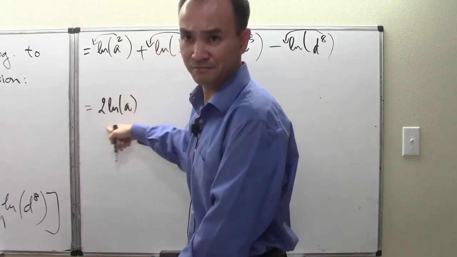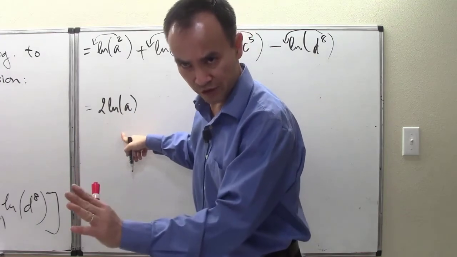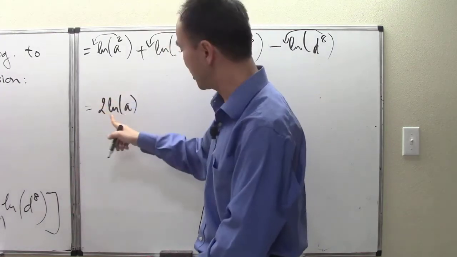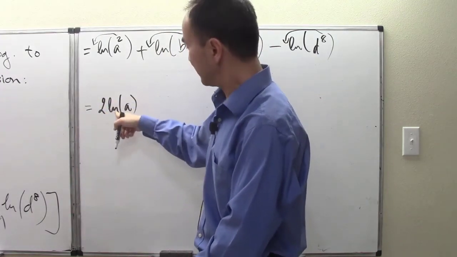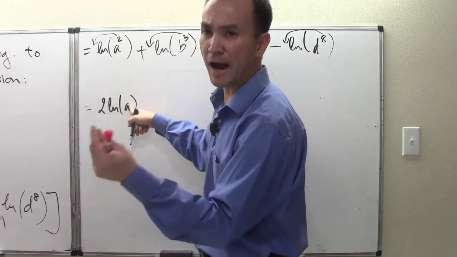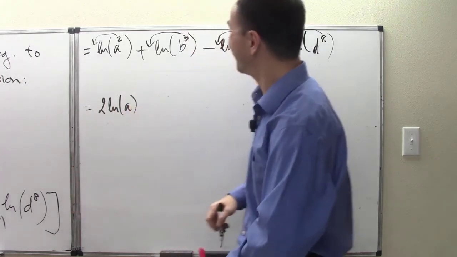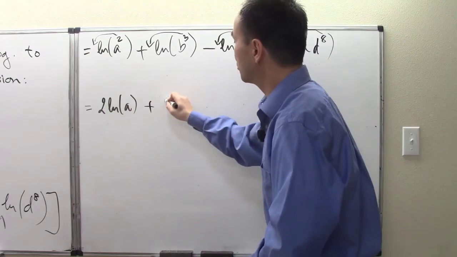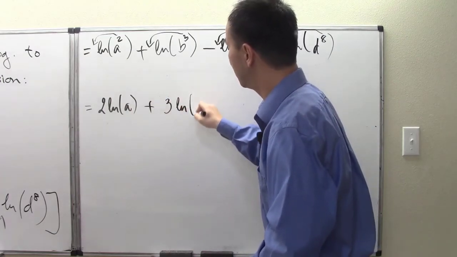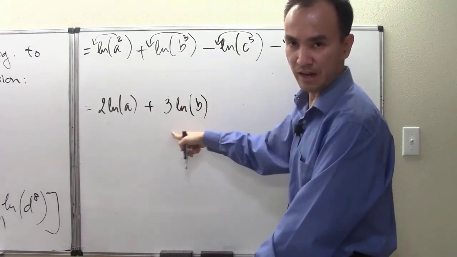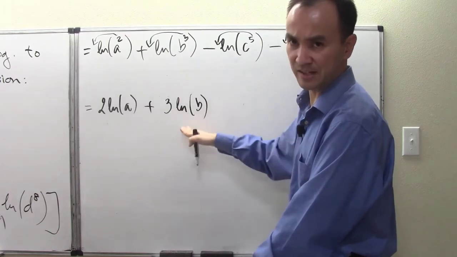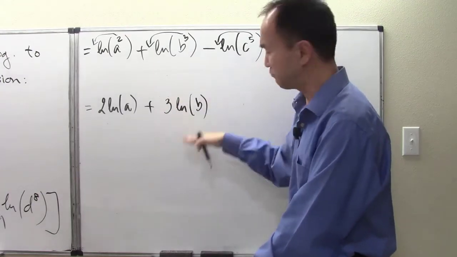and now I'm really convinced to myself that I'm done with this first term because there's a coefficient, there's a log, and then inside the log is power 1. All right, plus, and now it's 3 natural log of b. And again, now I have a high sense that this is the ending point for my problem right here.